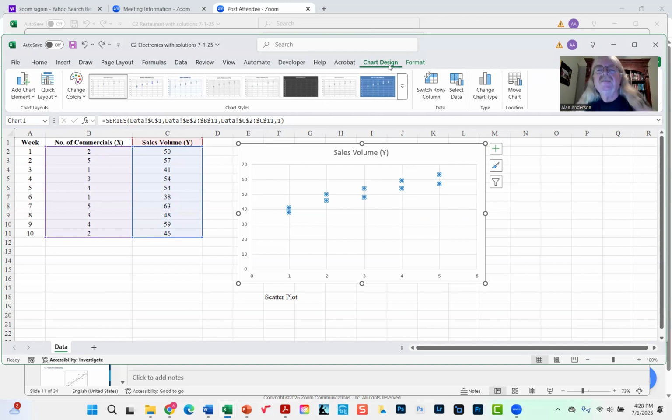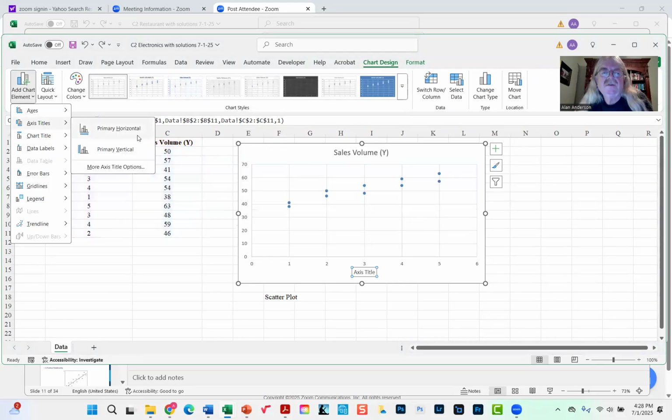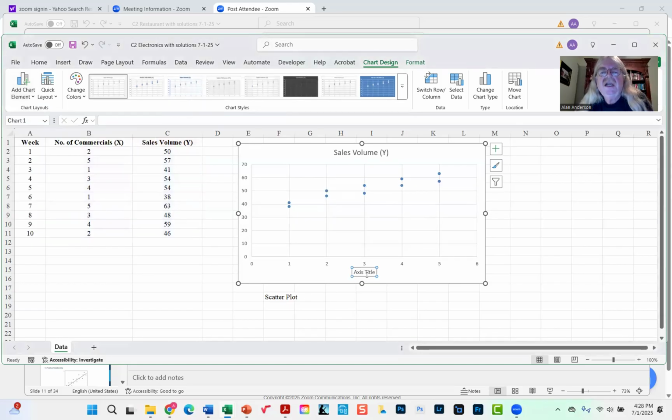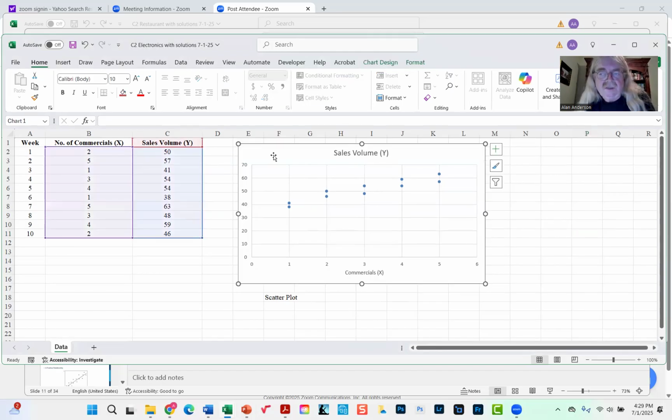Okay, I was right the first time. You just go to chart design, add chart element over here on the far left. And I'm going to ask it for axis titles. So we'll start with the horizontal title, and I'm going to type commercials. I'll put an X there to remind everyone this is the independent variable. And then I'll click on the graph again.